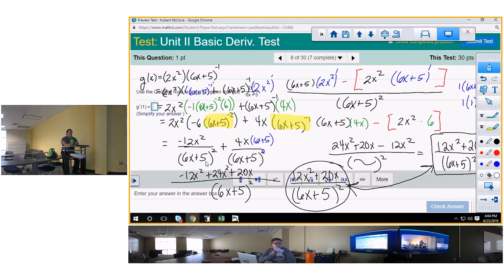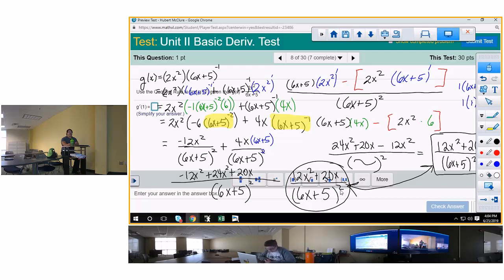And then they ask you to what? They don't want the derivative. They want you to plug in a 1. Somebody plug in a 1 for me. That's going to be what? 12 plus 20. What's 12 plus 20? 32. Somebody keep that in your head. 32. And then 6 plus 5 is 11.